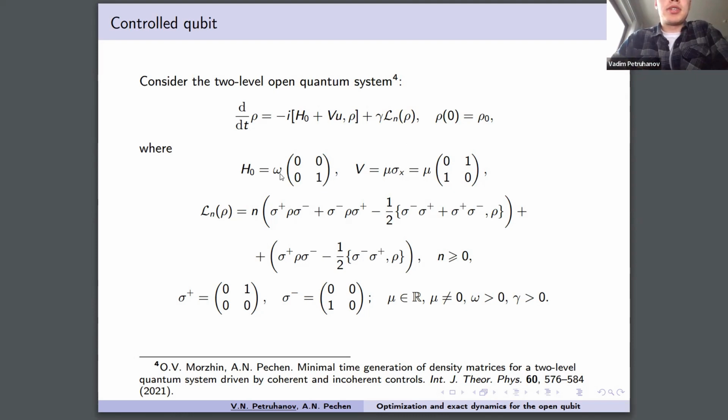Here we have omega, which is the transition frequency, and mu and gamma. They're just parameters responsible for the strength of interaction with controls, with the coherent control here and with the environment in the dissipator.